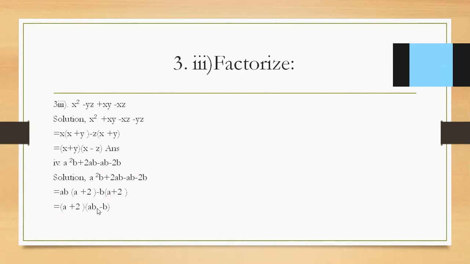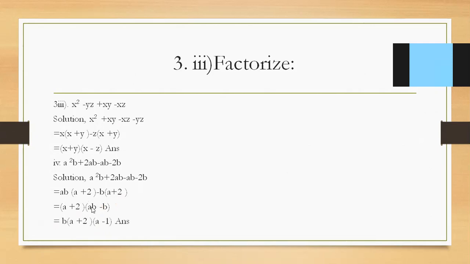Again, what is common here? In this remaining, B. In front of B, what is the coefficient? 1 and minus 1. 1 is the coefficient, minus 1 is the coefficient. If you take B common, here will be left minus 1, here will be left A. Okay, children?